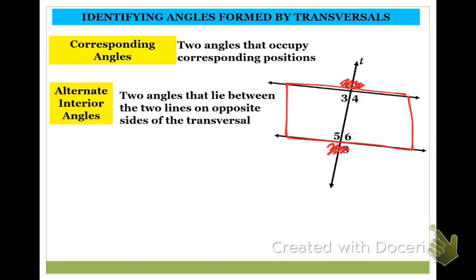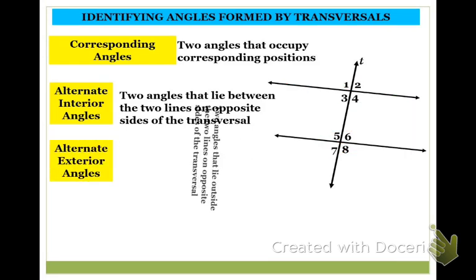All right, interior, and then what do they alternate across? The transversal. Okay, so if we had 3, what is 3 alternate interior with? 6. And then we got 4 and 5. Good. And then what did we know about their measures? Yeah, they were congruent as well.